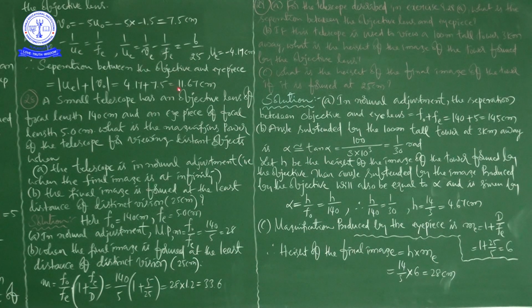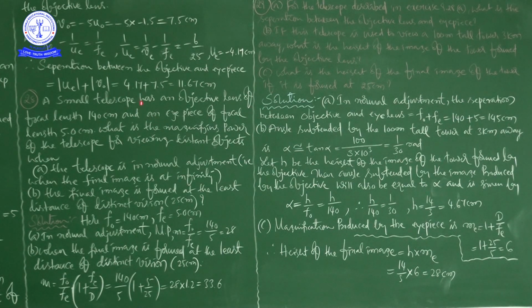Because of sign convention, it is 1 by minus 25 minus 1 by 5. When you do this calculation, you will get minus 6 by 25.